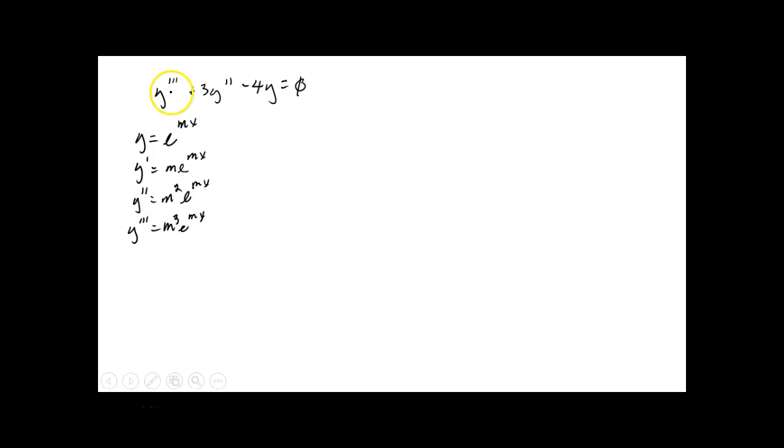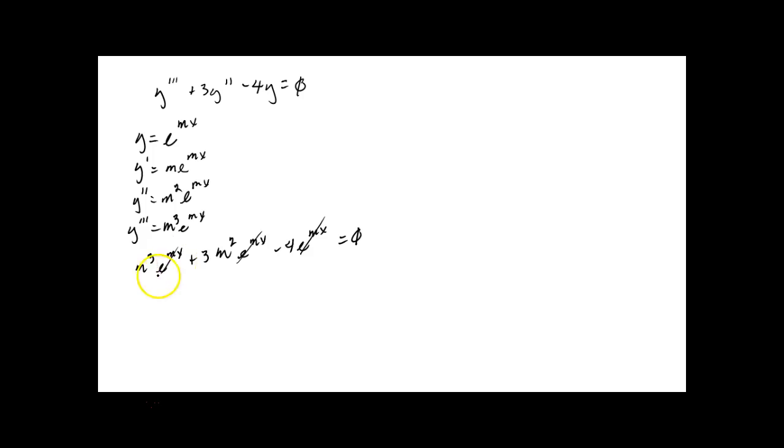And then when you plug those into the equation, we get m cubed e to the mx plus 3 m squared e to the mx minus 4, now that's just the y, e to the mx is equal to 0. And again, just a reminder, e to the mx is never 0, so you can divide that out.